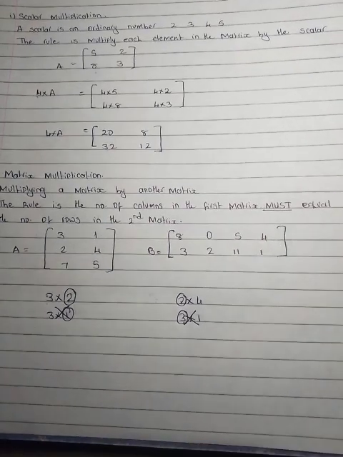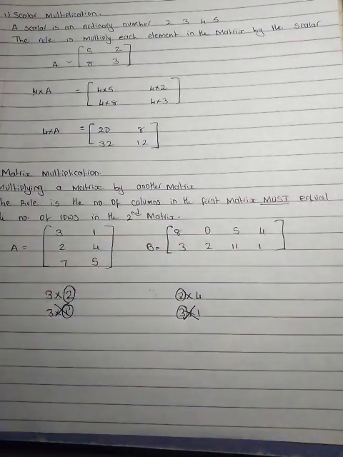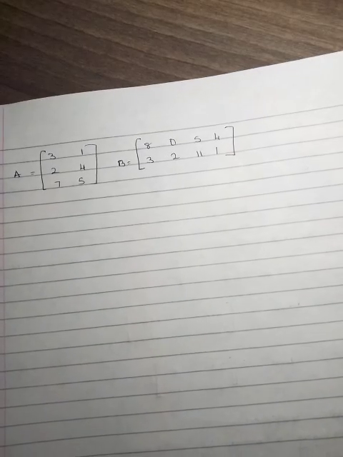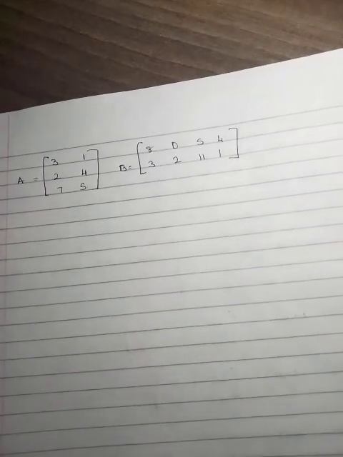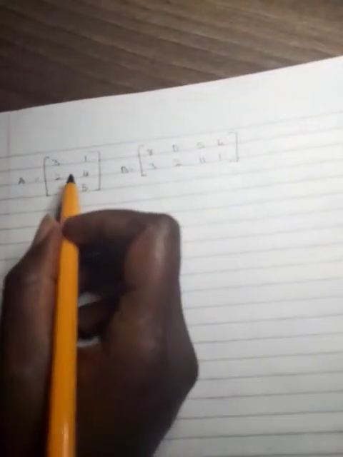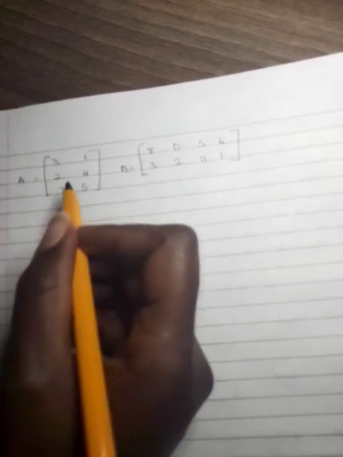Now, let us look at how we multiply these two matrices. I've just written that again so that you have space to work out. I feel it's important to repeat this because it's important for matrix multiplication to be feasible.